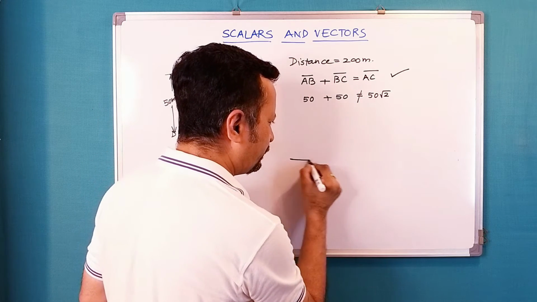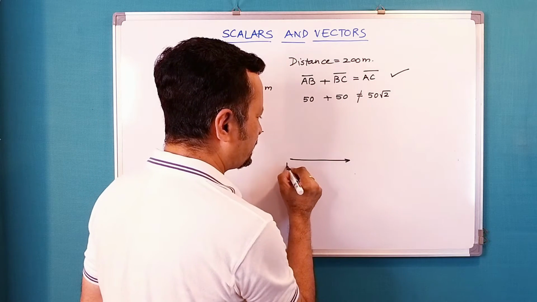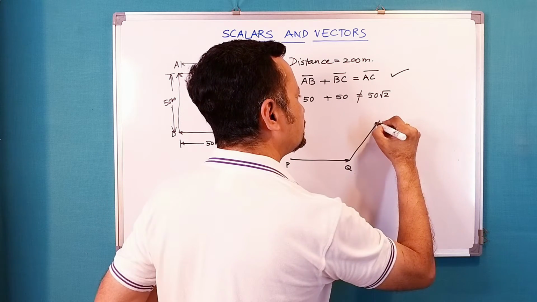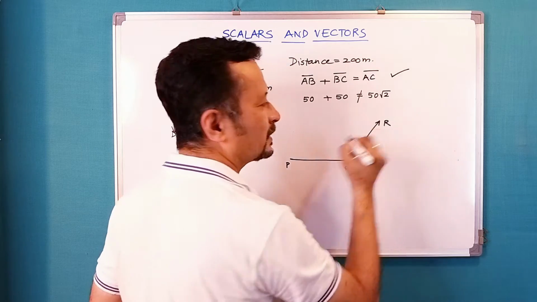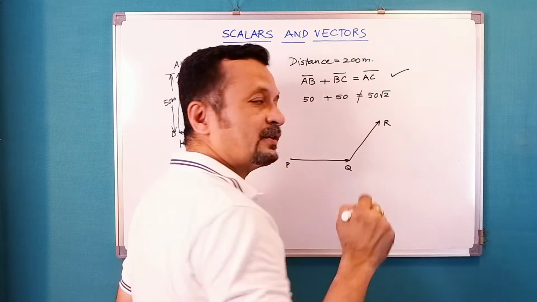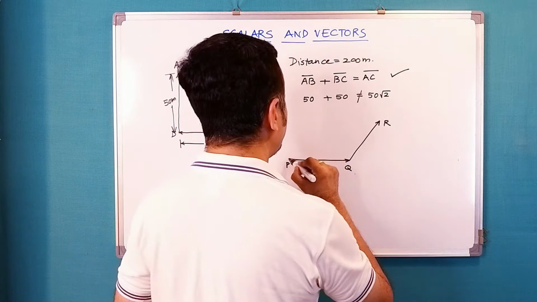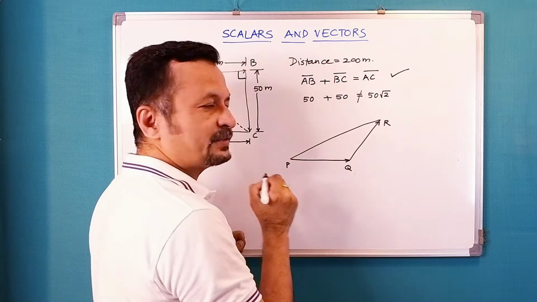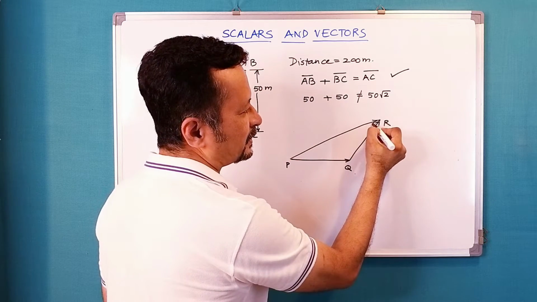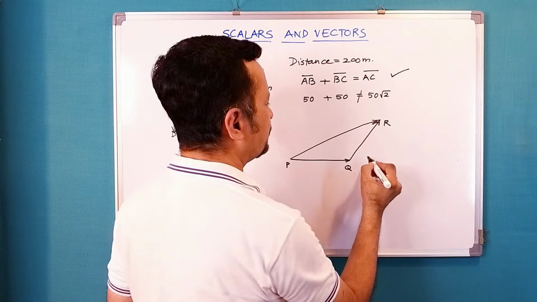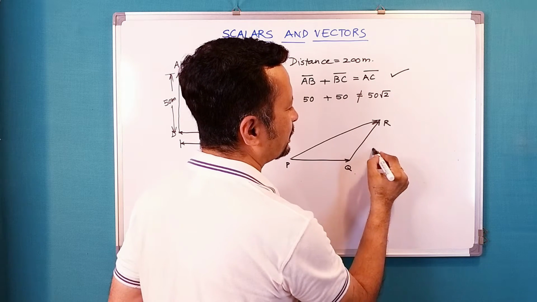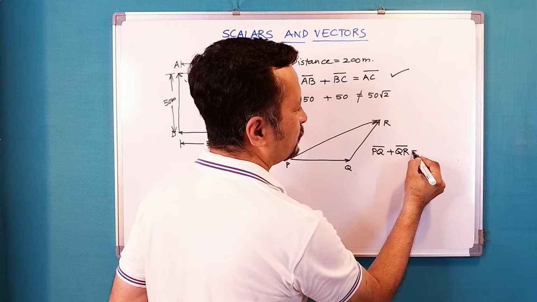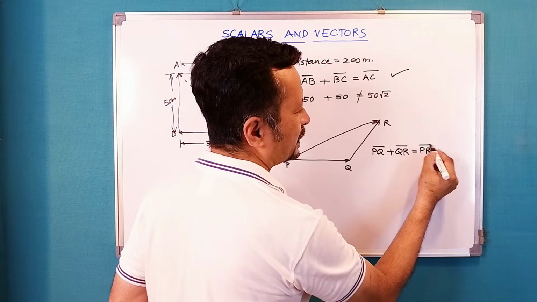So if I have one vector PQ, and the next vector QR, then for getting the resultant, I just have to connect the tail of my first vector with the head of the last vector. So here I can write the vector equation as PQ bar plus QR bar is equal to PR bar.